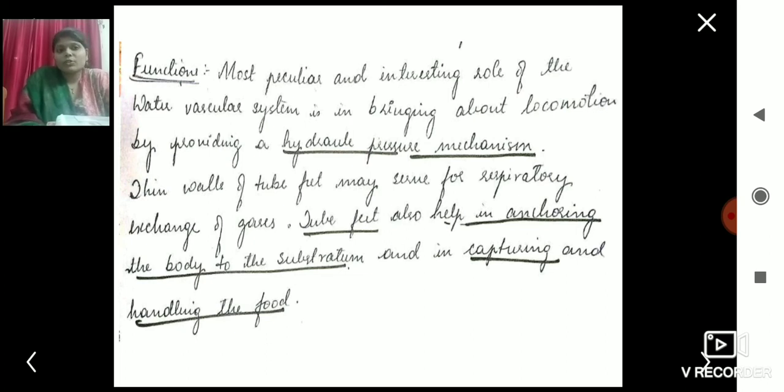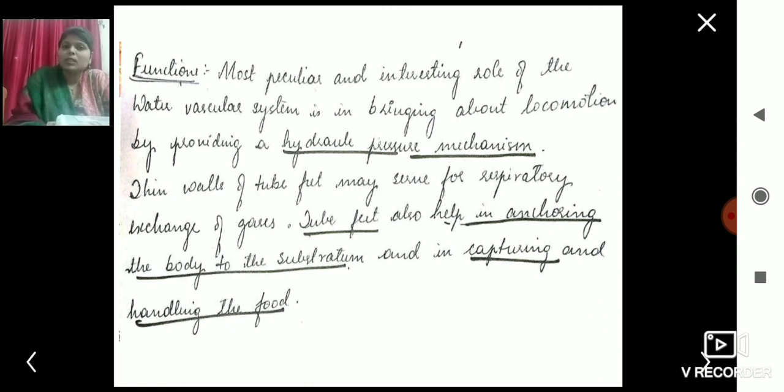Thin walls of the tube feet may serve as respiratory exchanges of gases, because the water is entering throughout the body and moving, so the respiratory system is also being facilitated, meaning the exchange of gases is happening. Tube feet also help in anchoring the body to the substratum and capturing and handling the food.